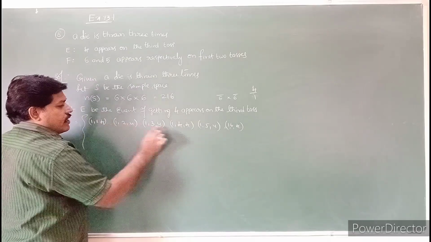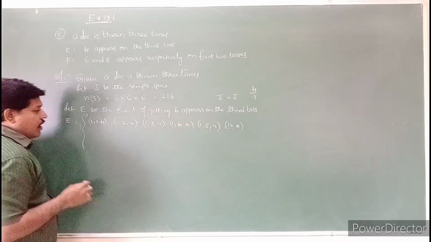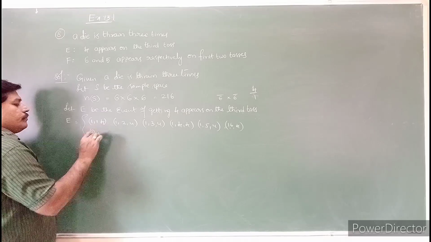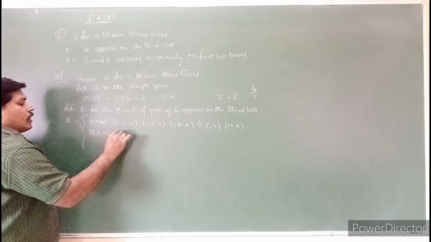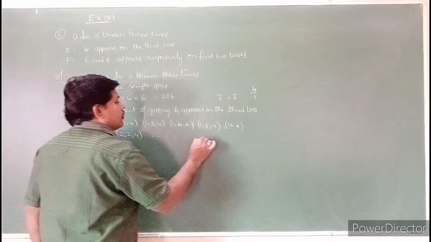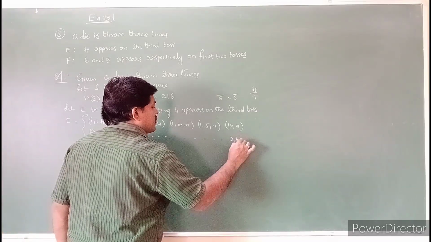The last third one is the same, that is the 4. Similarly you will get 2 comma 1 comma 4 and 2 comma 2 comma 4 and so on up to 2 comma 6 comma 4.